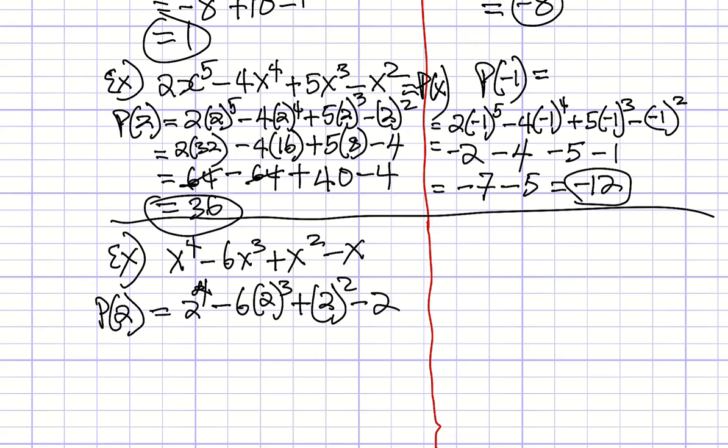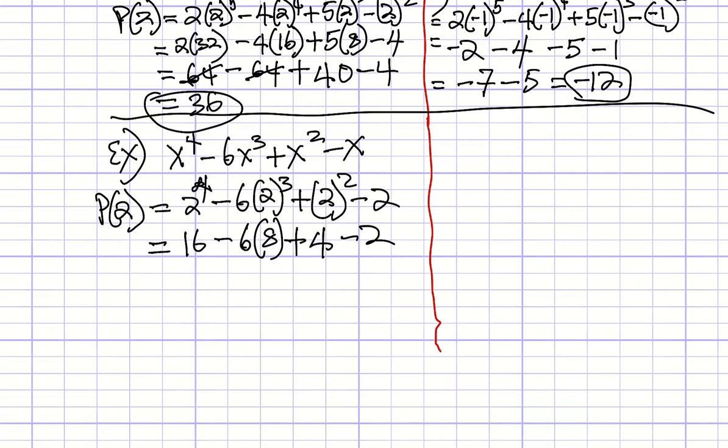Alright, so we'll simplify that. That's what we got there: 16, minus 48 plus 4 minus 2. Alright, so that's minus 48. That controls everything, alright?